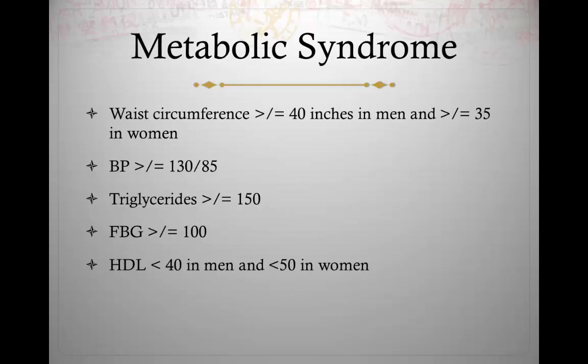Blood pressure greater than 130 over 85, triglycerides greater or equal to 150, fasting blood sugar levels greater or equal to 100. And of course, this is not an isolated factor, because a fasting blood glucose of 100 would be a normal value, but if it's combined with a high waist circumference and hypertension, of course the patients would have a higher risk.